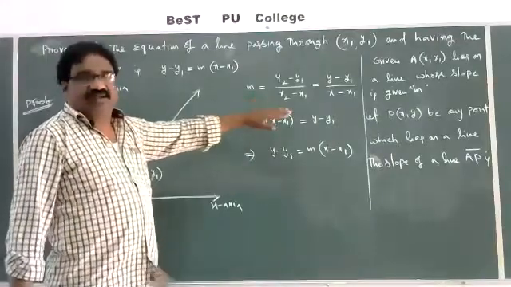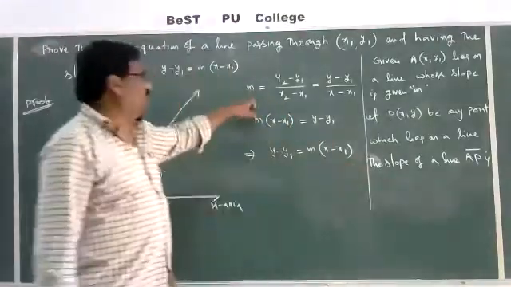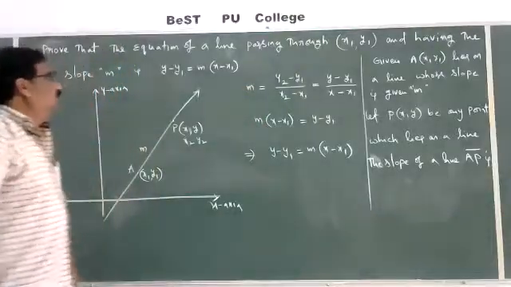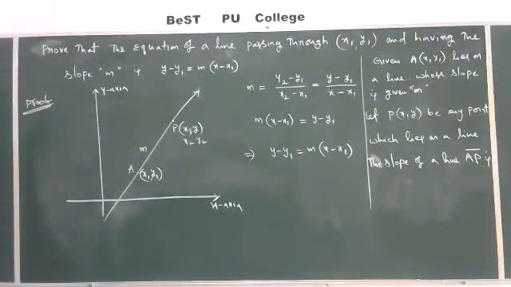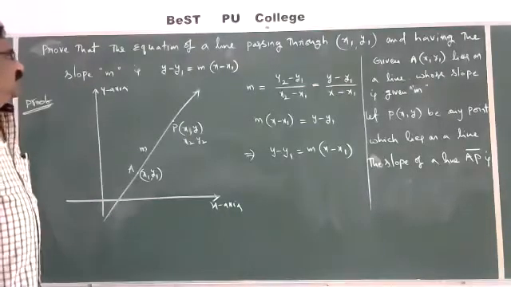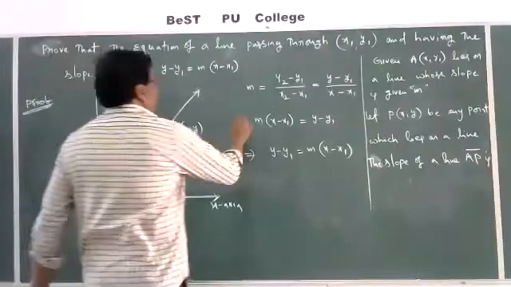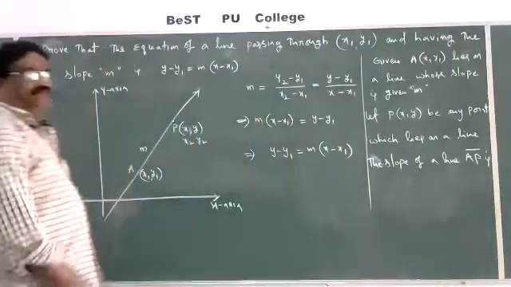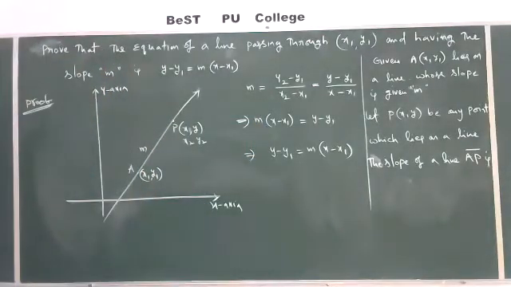After this step, write this. m is equal to (y2 minus y1) by (x2 minus x1). That is, y2 is here y, minus y1, by x2 is here x, minus x1. Then cross multiplication. You get m into (x minus x1) is equal to y minus y1.